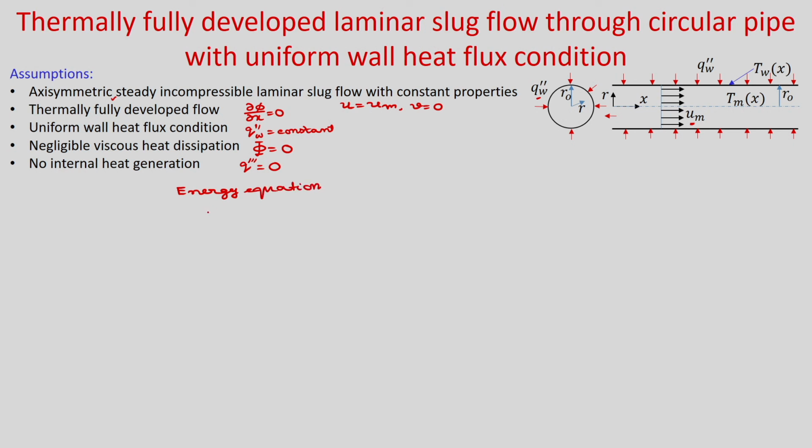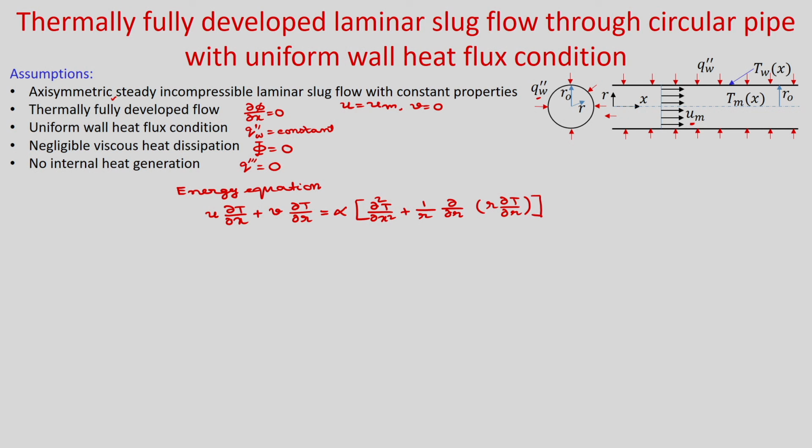The energy equation you can write in cylindrical coordinate as u del T by del x plus v del T by del r is equal to alpha del 2 T by del x square plus 1 by r del of del r into r del T by del r.